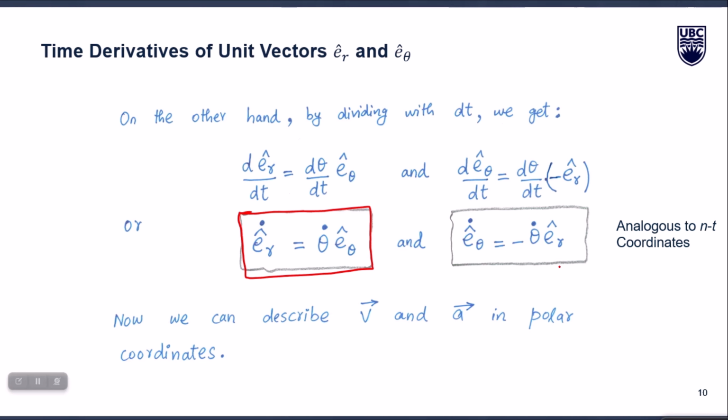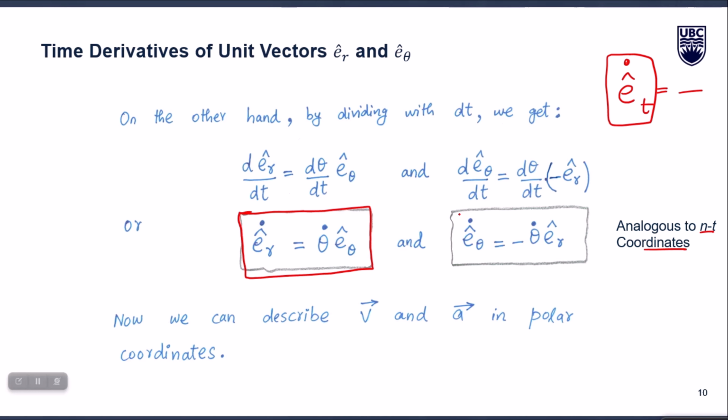So if you remember, we determined in the n-t coordinate system the first derivative of E sub t, and that was the same as this one, but obviously the direction was different, right? So it is analogous to the n-t coordinate system, with a difference that there we only required this quantity, but here we will be requiring the first derivatives of both unit vectors, right?